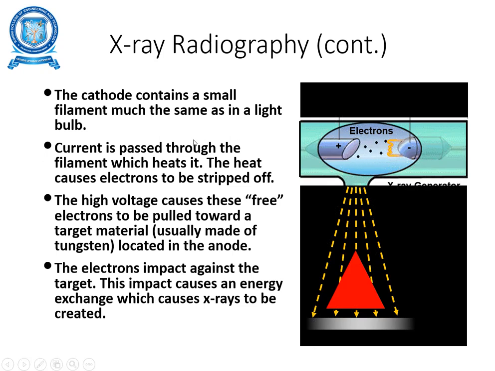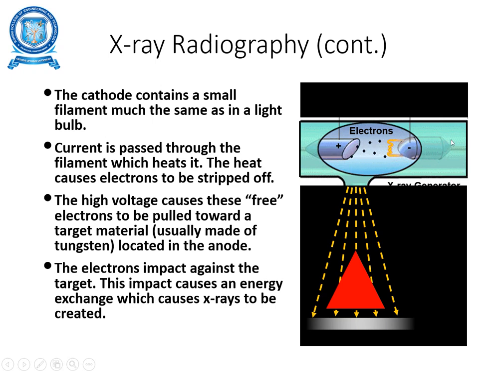Here, this cathode contains a small filament, the same as in a light bulb. Current is passed through the filament, which heats it, and this heat causes electrons to be stripped off.